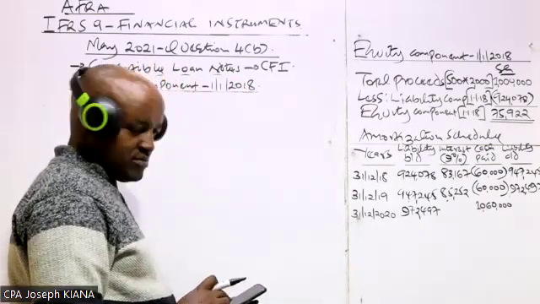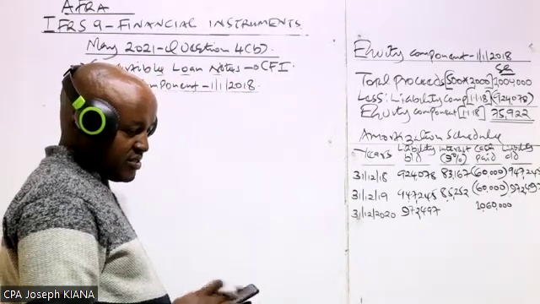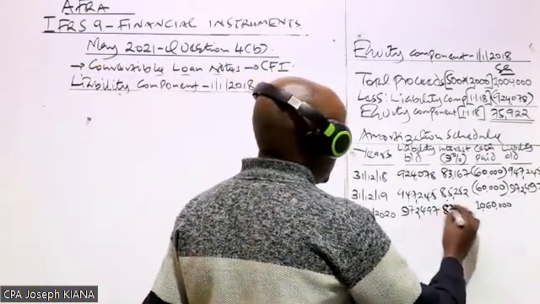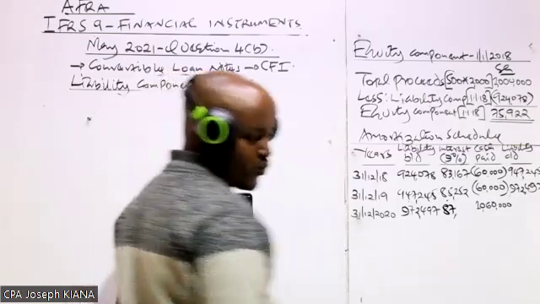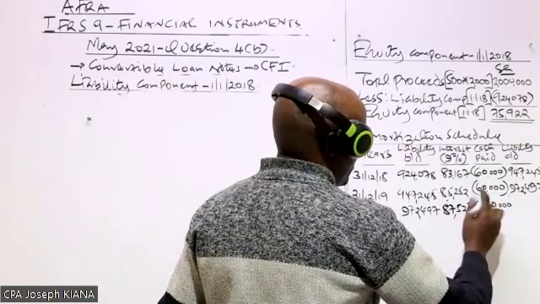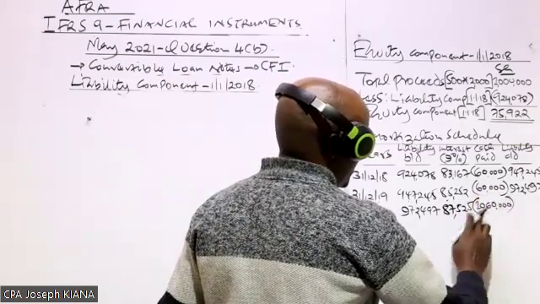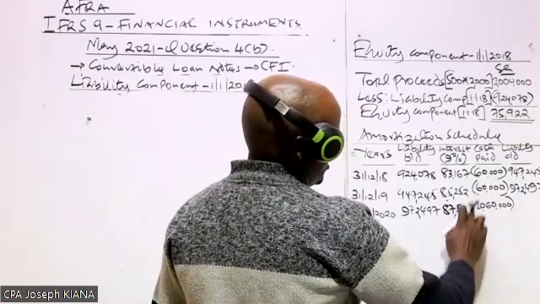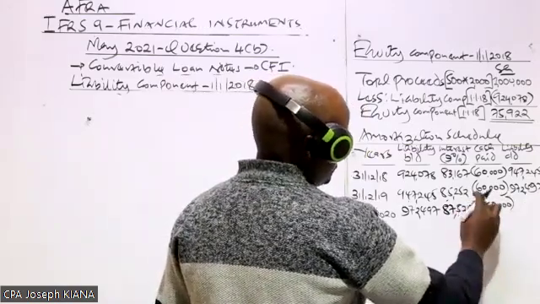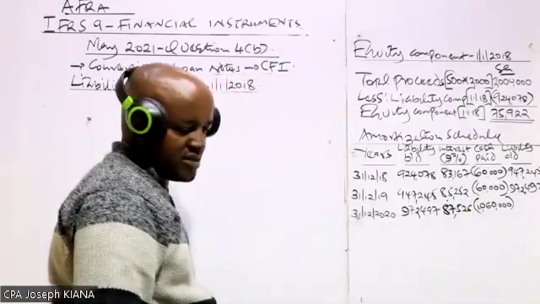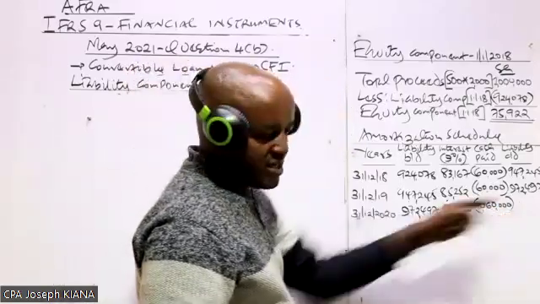Ken, Patricia, how much is the interest? 87,525. Then the cash which was paid during that year is that. So how much will be our liability at the end of year three? What will the liability be here?